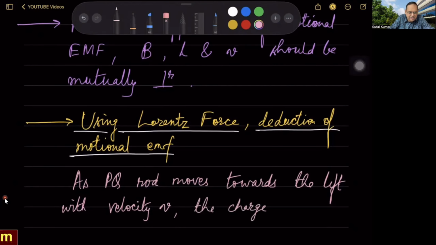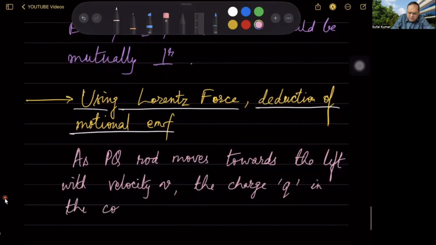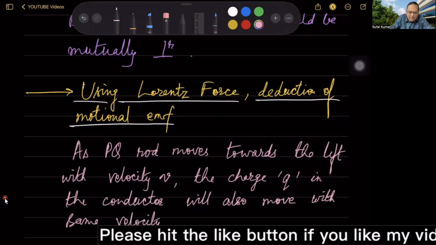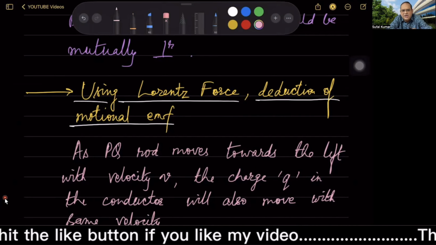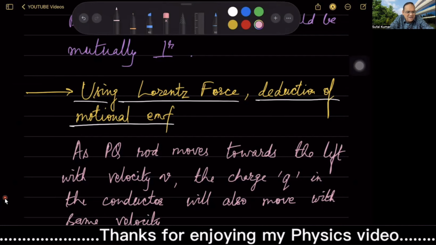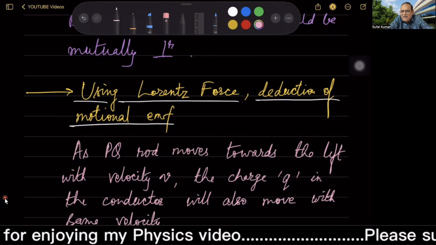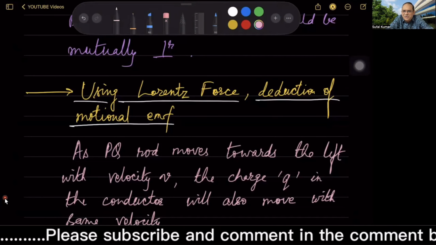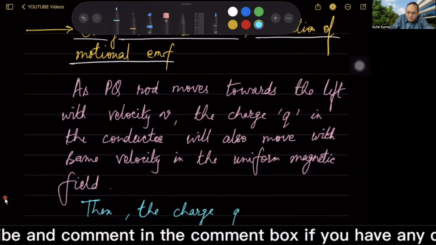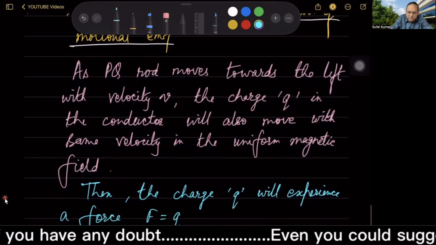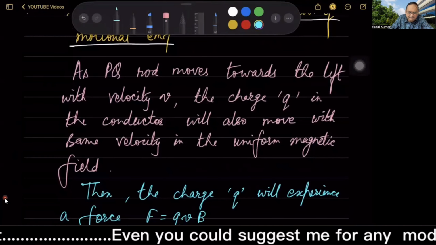The charge Q in the conductor will also move with the same velocity. As the charge moves in a uniform magnetic field, definitely it will be experiencing a magnetic force, F equals QvB.